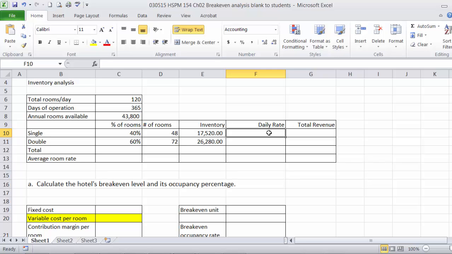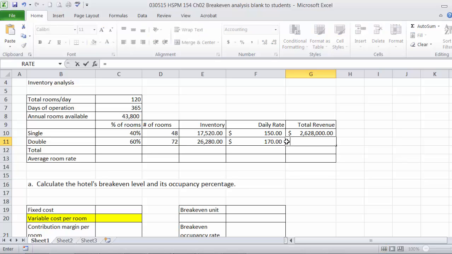All right, this is the $150. All right, then $170. Okay. So what's the maximum total revenue? This is your annual revenue. So that would be your inventory times the daily rate, right?